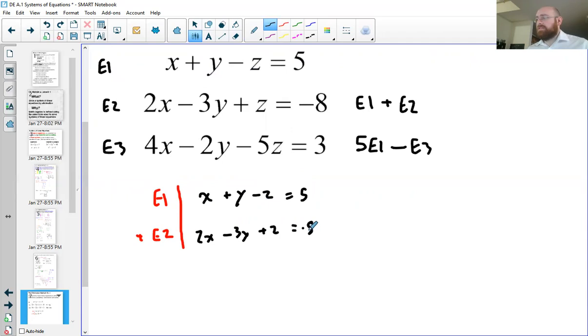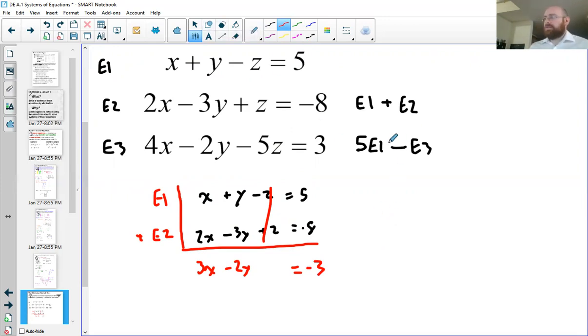And then I add them all together. So x plus 2x is 3x. Y minus 3y is going to be negative 2y. Minus z plus z cancels out. And then 5 minus 8 is going to be negative 3.